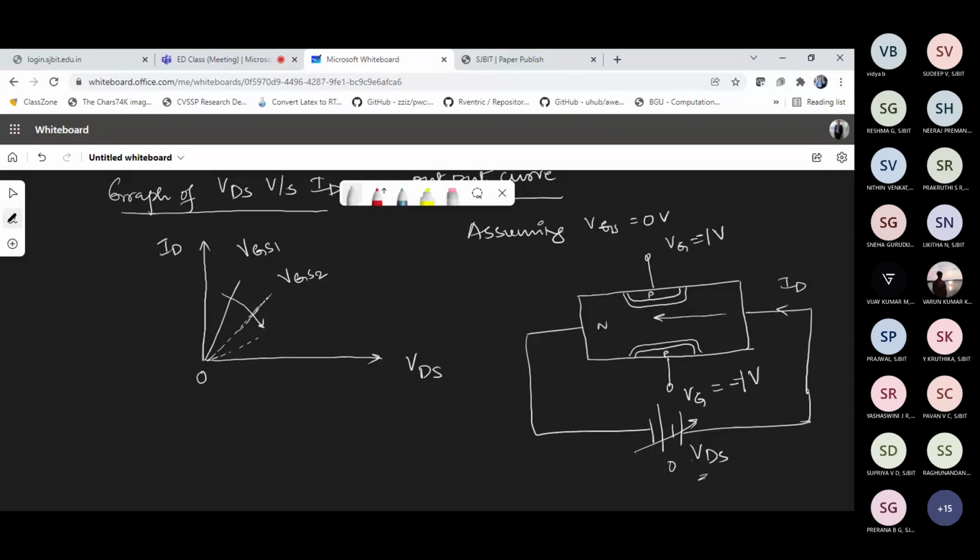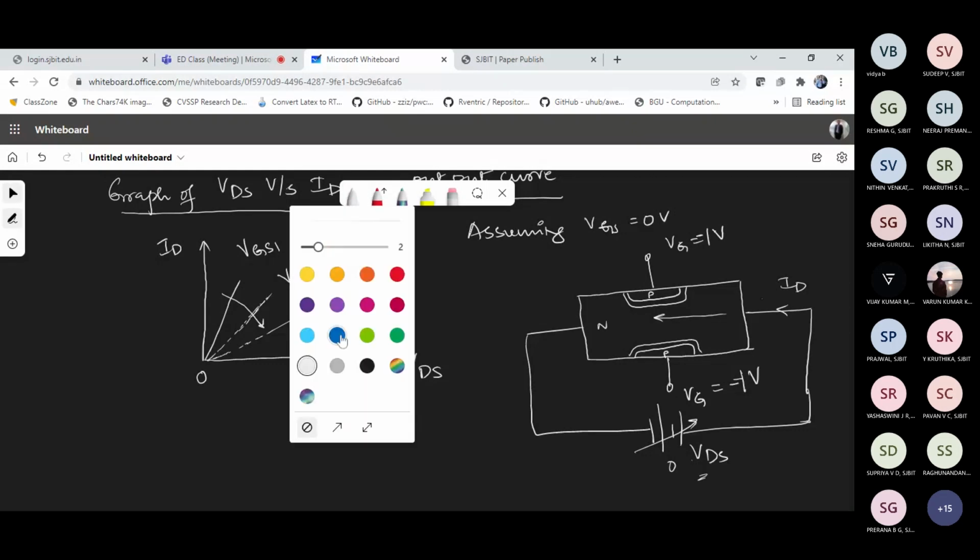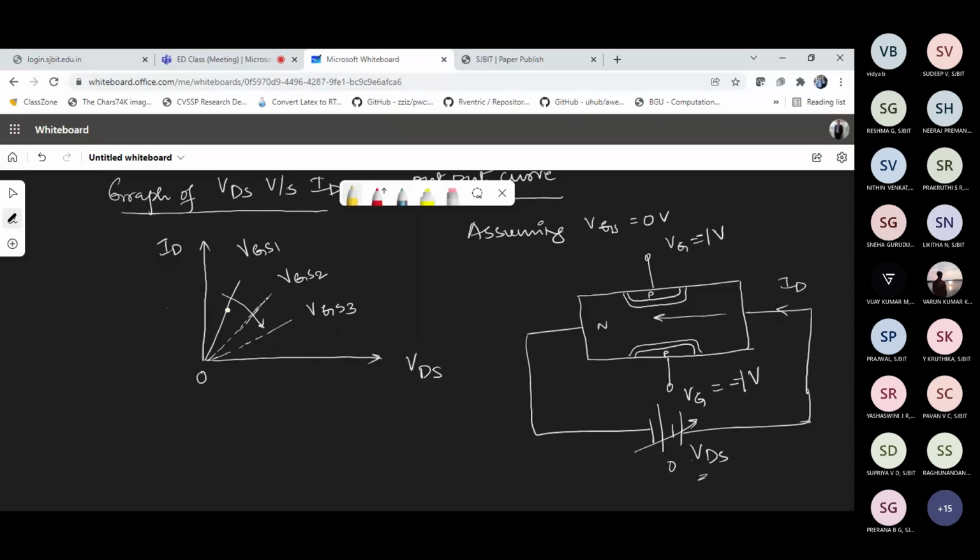This is VGS3. So what we observe is, for a given VDS value, you can see the reduction in ID happening as and when the VGS value increases.